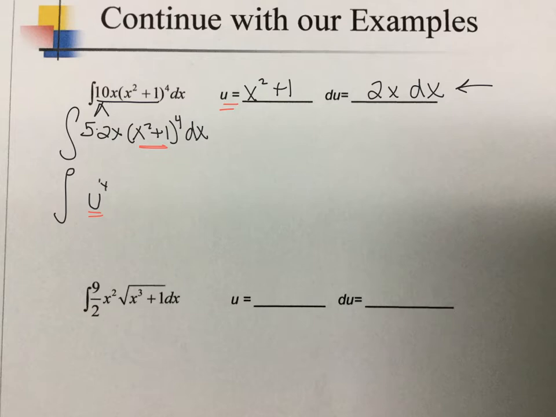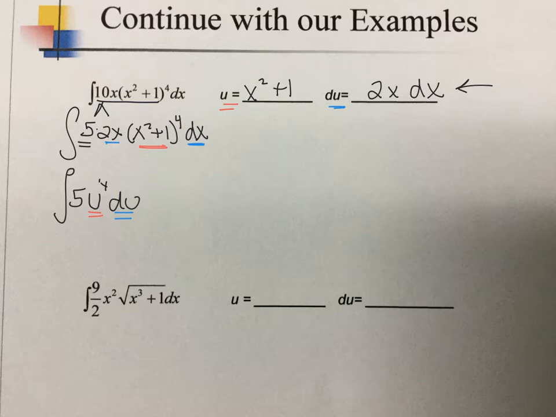And then instead of having the 2x dx, we're going to replace it with du. The 5 is the only thing I can't replace anything for, so I'm going to bring it along for the ride.